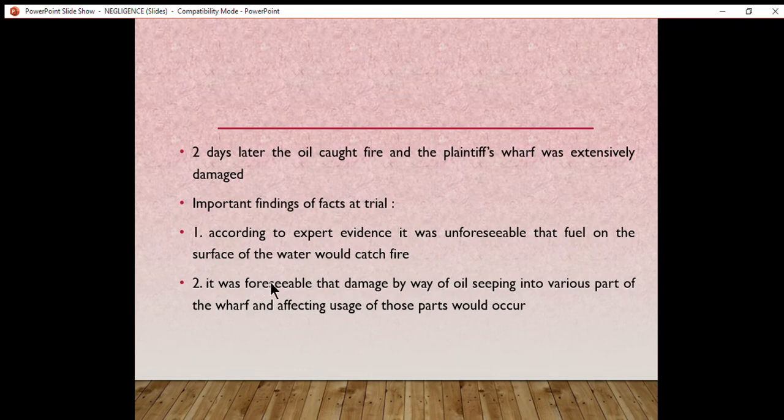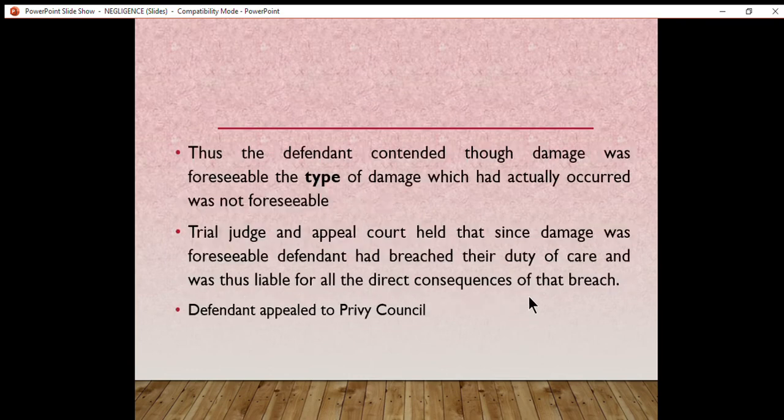Okay, meaning that they think the damage was foreseeable. The defendant contended that although damage was foreseeable, the type of damage which had actually occurred was not foreseeable. The trial judge and appeal court held that since damage was foreseeable, the defendant had breached the duty of care and was thus liable for all the direct consequences of that breach.